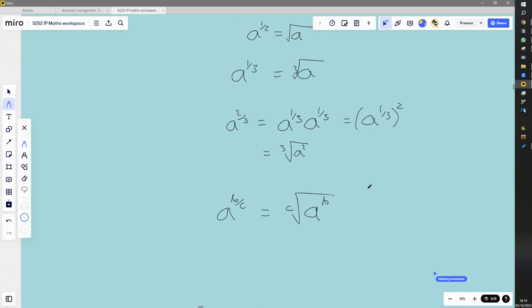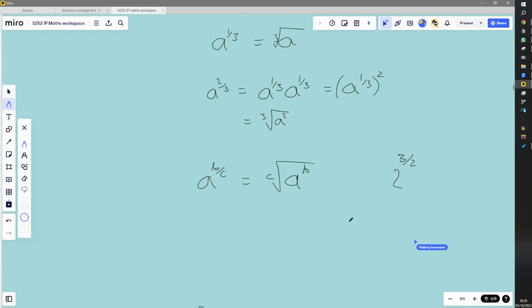So, for example, if I wanted to work out a to the power of 4/5, let's say I wanted to do, I can't think of a good example now. Let's do it the other way around. Let's go 2 to the power of 3 over 2.